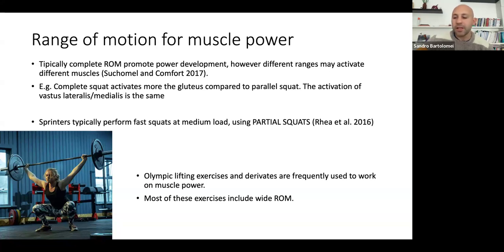Okay, so they try to do something specific for what they are actually doing. And typically they perform very fast squats. It's very important for them to use encoders, accelerometers, or automatic stopwatches in order to measure the quickness of the repetitions and the power produced.